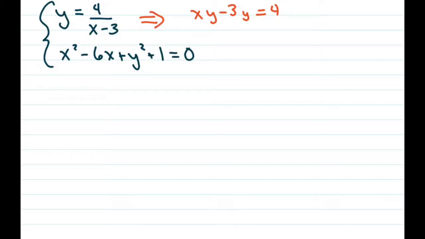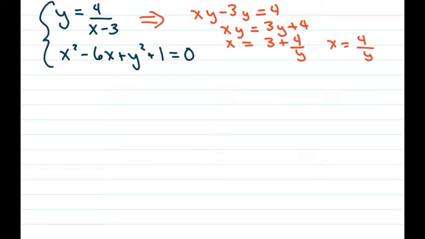To solve for x, xy equals 3y plus 4. Divide both sides by y, and you get x equals 3 plus 4 over y. I'm going to rewrite this as x equals 4 over y plus 3. You don't have to, but I just did.